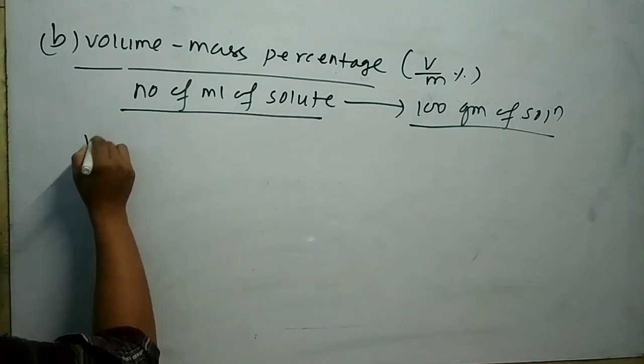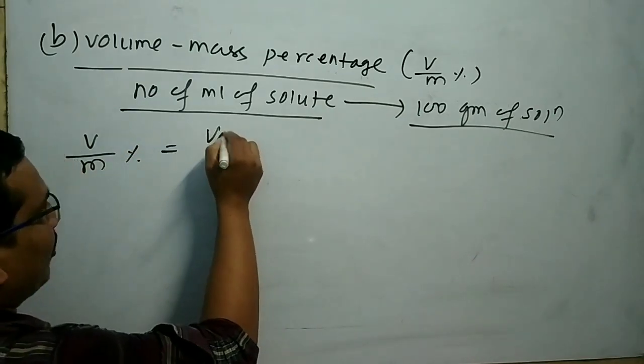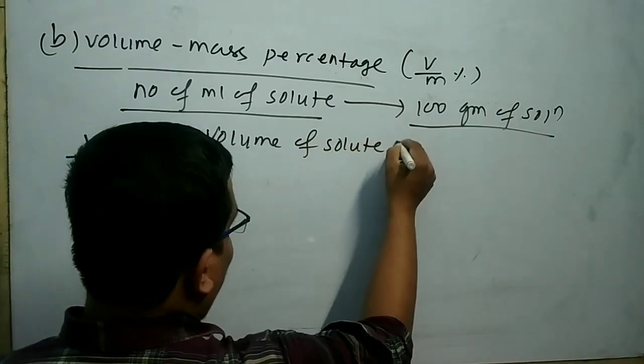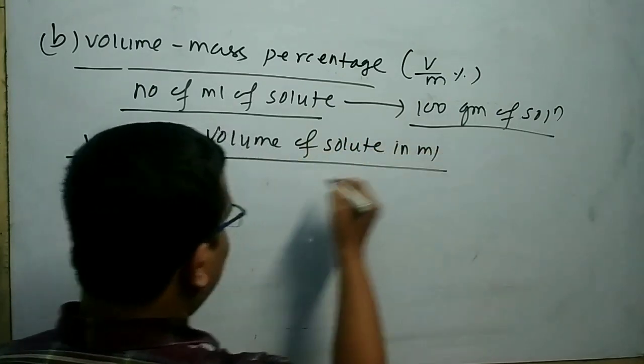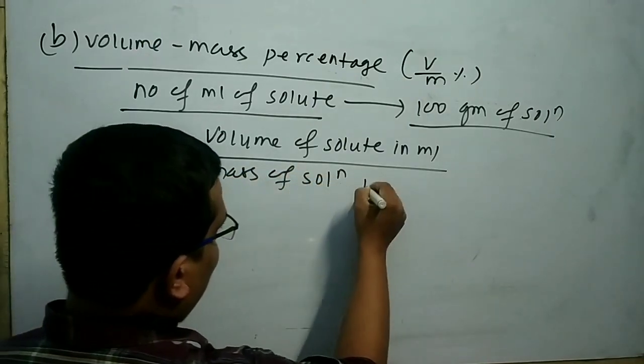Mathematically, I can write V by M percentage equal to volume of solute in ml divided by mass of solution in gram into 100.